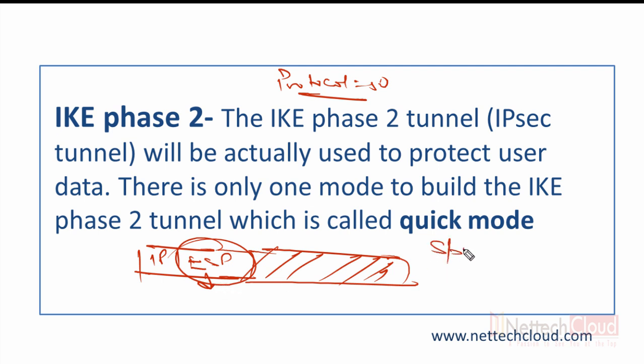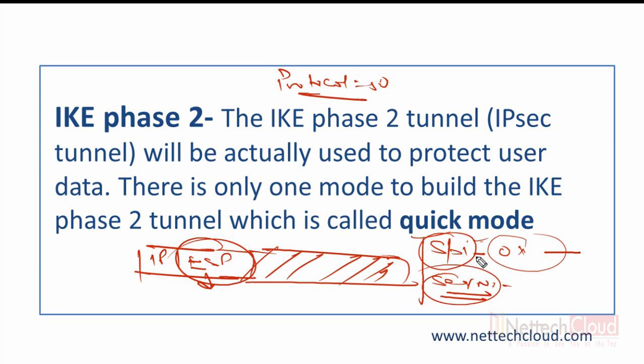There are two important attributes of the ESP header. One is the security parameter index, a 32-bit value in hexadecimal, and another one is the sequence number, again a 32-bit number. The sequence number is mainly used for anti-replay detection, and the SPI is a unique identifier value, because a whole bunch of encryption, authentication, and other methods are not sent with each packet.